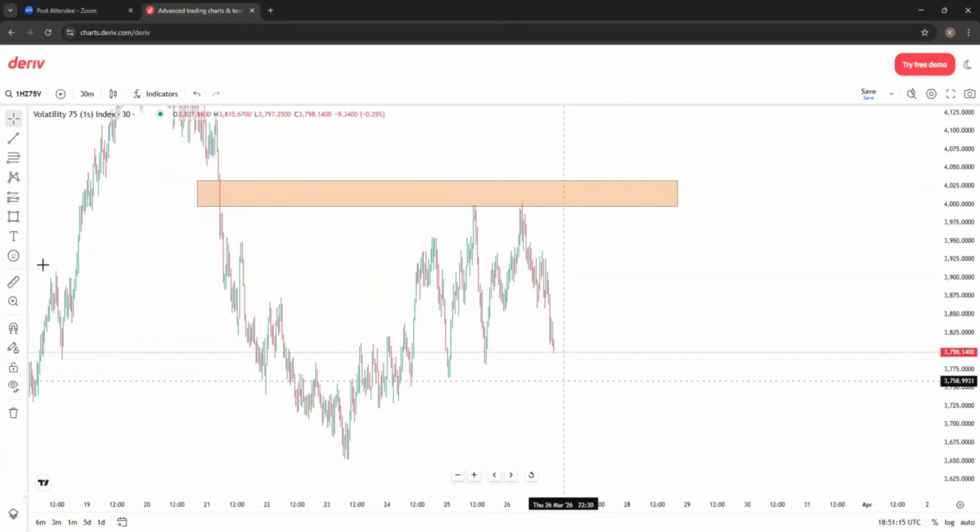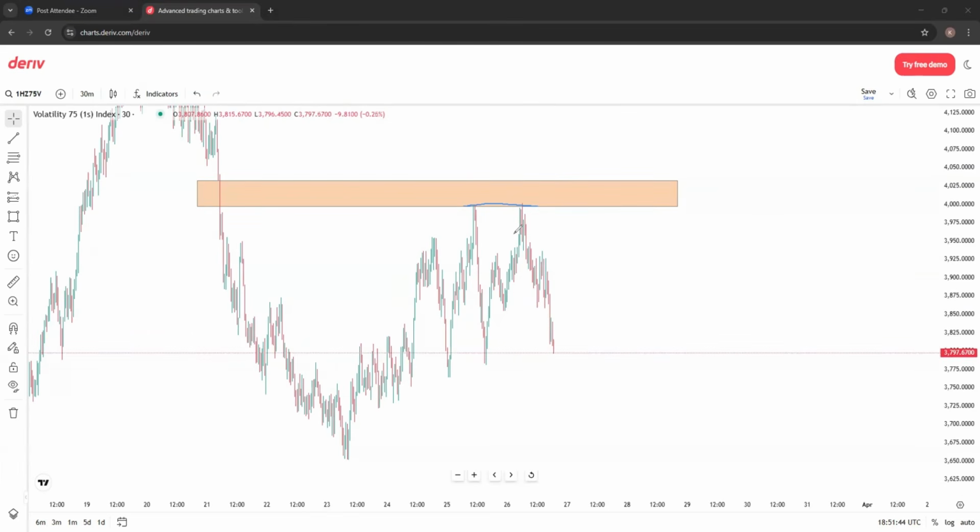What might price choose to do? My equal highs are there, and the weak part of it.